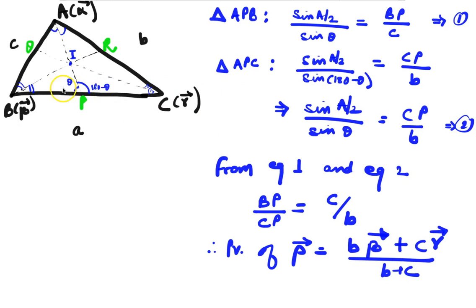Since we know the ratio of BP to CP, the position vector of P is B into beta vector plus C into gamma vector, upon B plus C.